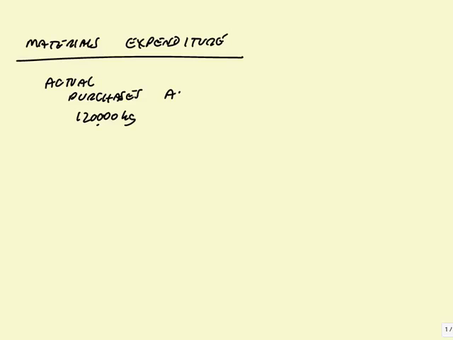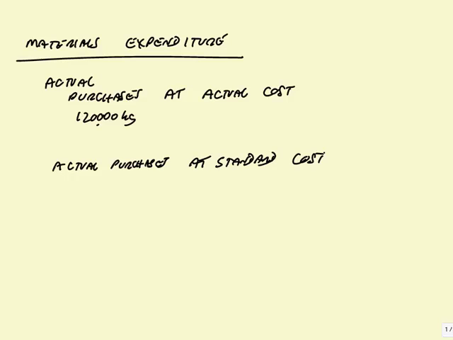We compare what we actually paid, the actual cost, with what we should have paid, the actual purchases at standard cost. If you can't read my writing, shout, for heaven's sake, don't guess. But it is always, always the same.